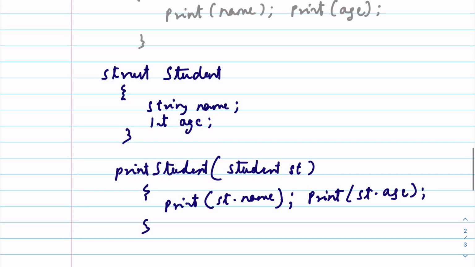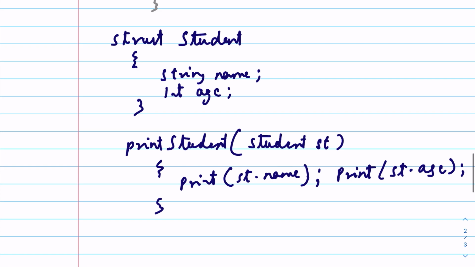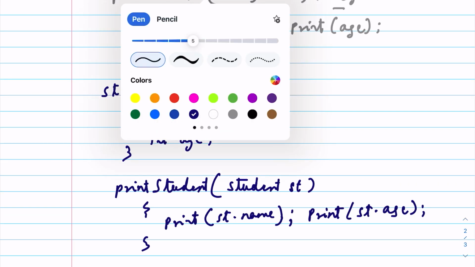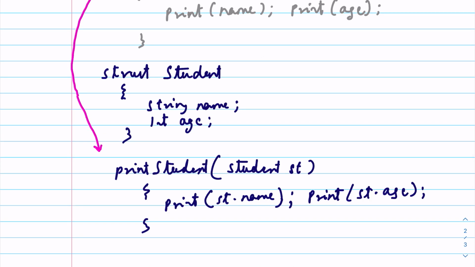This is a very small example, that's why it is looking easy. But think of systems at a very large scale, consisting of millions of lines of code. The problem here is these procedures can easily access the details of the student, and can easily modify it.